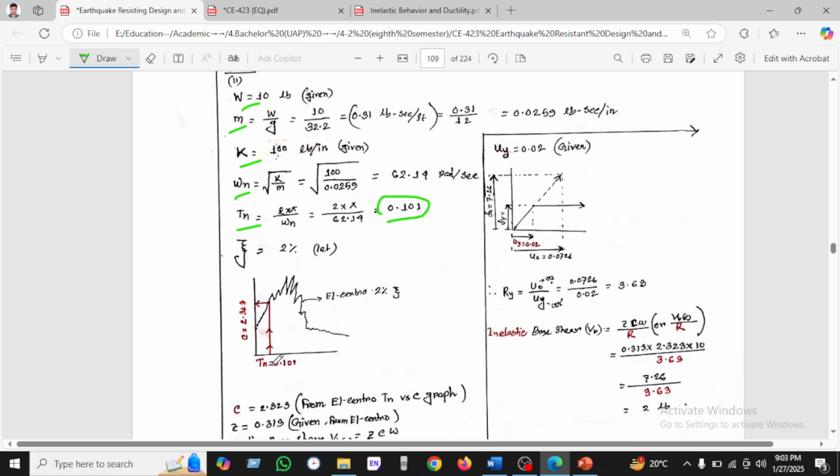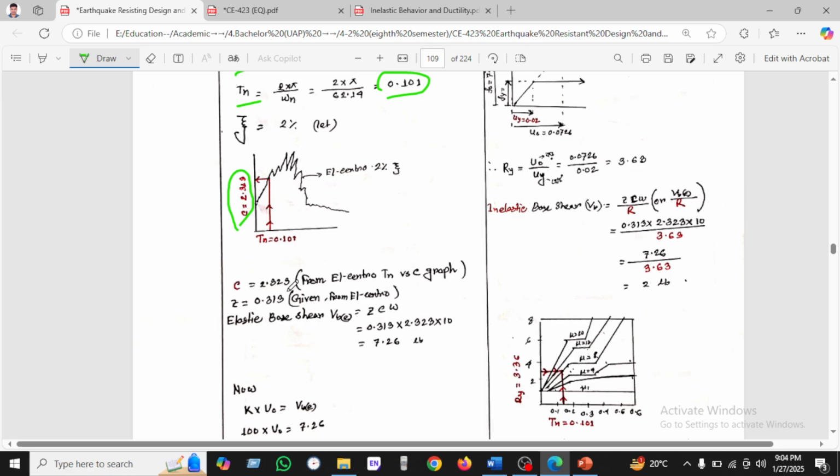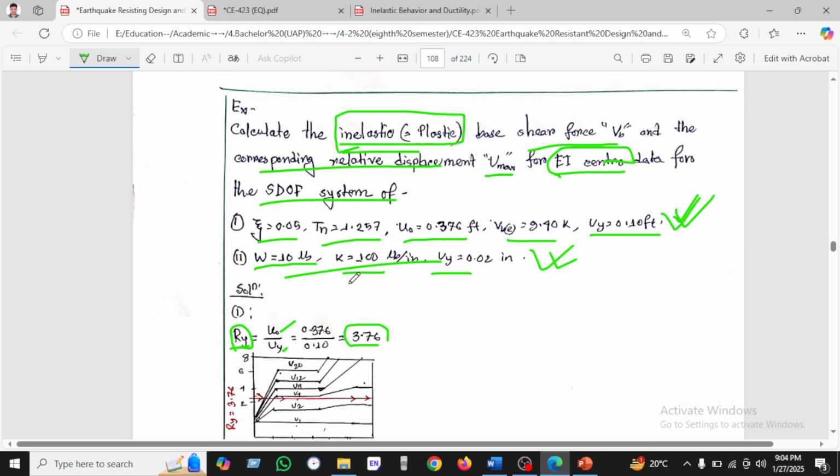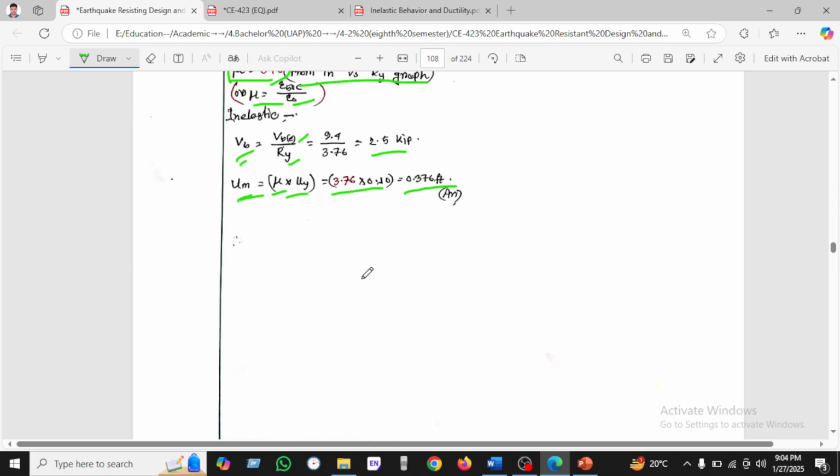When we get the time period, then we take the El Centro ground motion, so we can find the structural response, which is C, 2.325 from the El Centro Tn versus C graph. And Z we have been given as 0.313, as we have seen it is given.